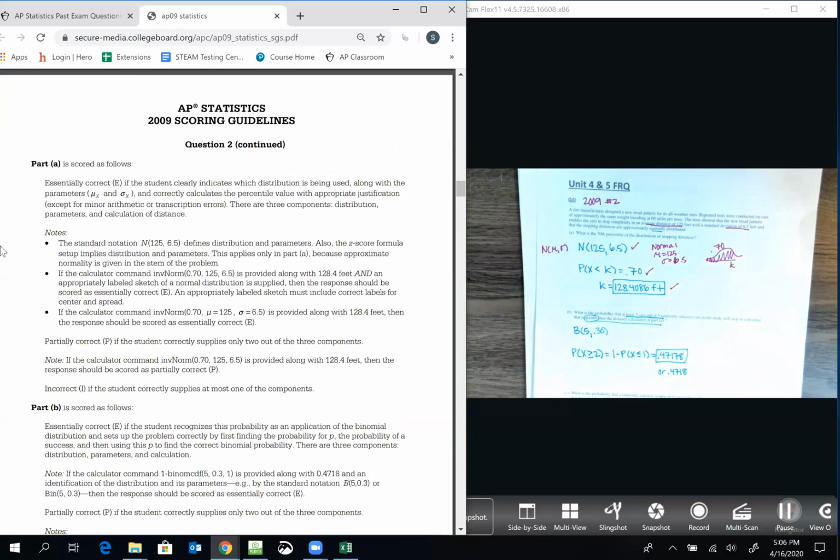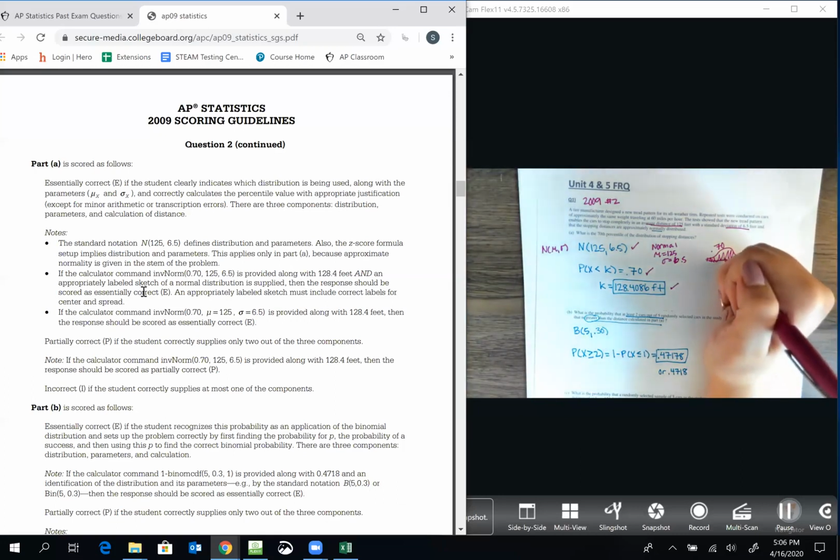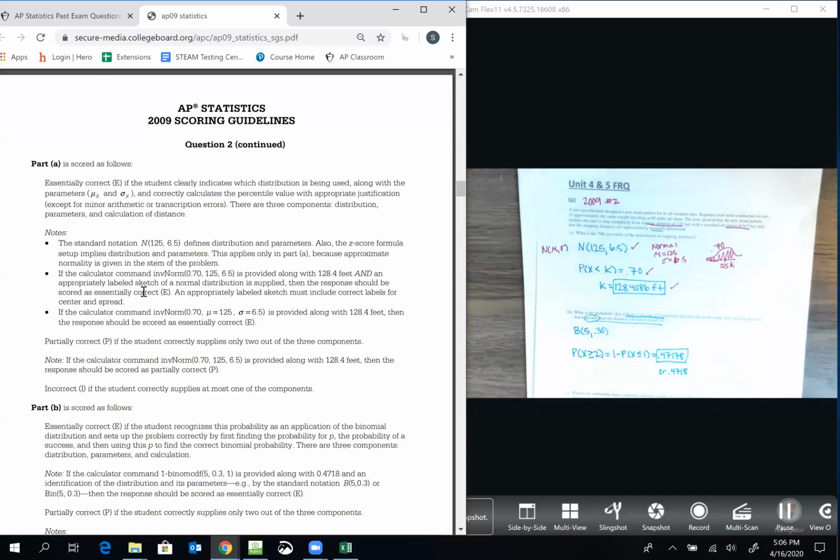Oh, and here we have it. It tells us the standard notation. So it looks like they're accepting the calculator command here with the right answer and an appropriately labeled sketch. But an appropriately labeled sketch, I believe, also has to have the mean labeled.